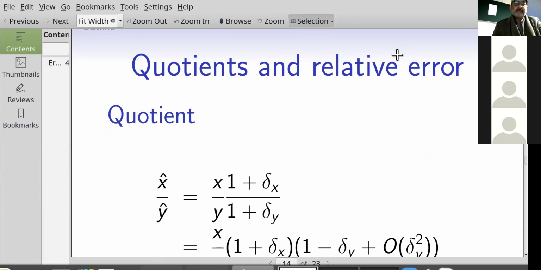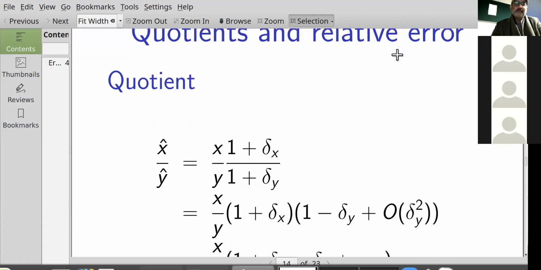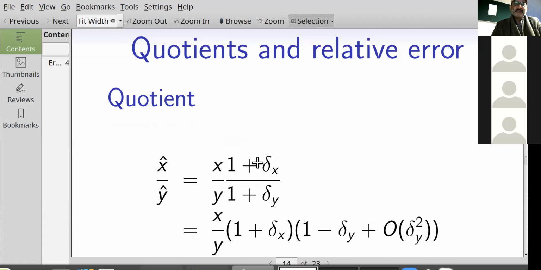Okay, so now I have x over y times 1 plus delta x, don't do anything with that, and 1 plus delta y to the minus 1 is approximately equal to 1 minus delta y plus higher order terms in delta y.